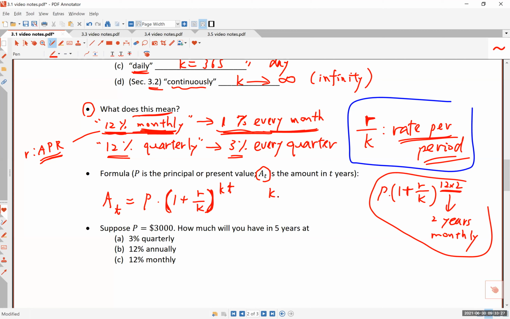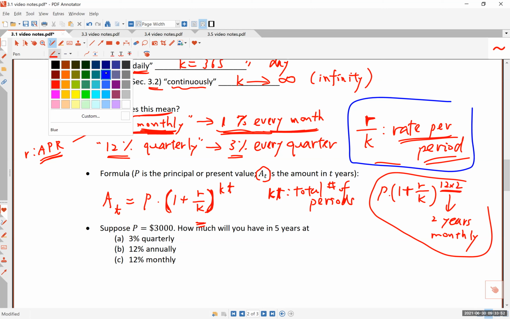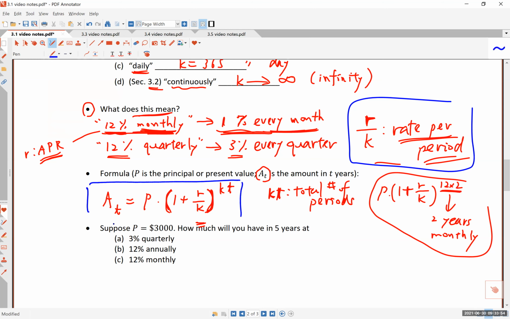So maybe I should denote this KT, that happens to be the name of my friend, great mechanic. KT is the total number of compounding periods. And as I said, R over K, which you will see often, is the rate per period. So this is the formula that you will need to use for most of your exercises.